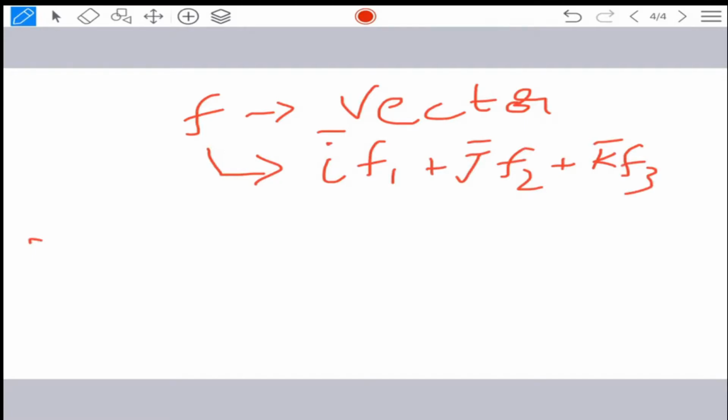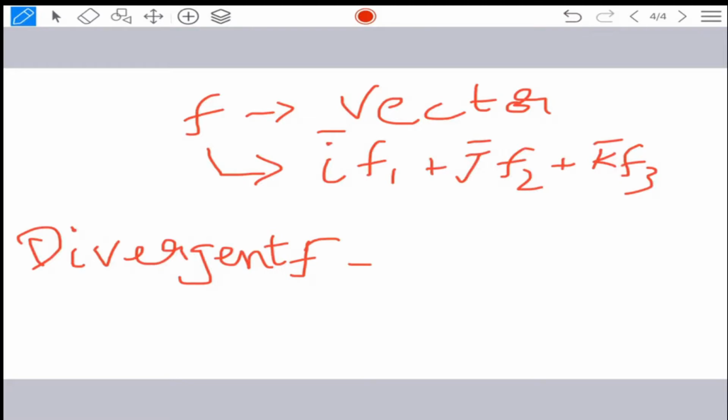The formula for divergence f: divergence f equals del dot f bar.